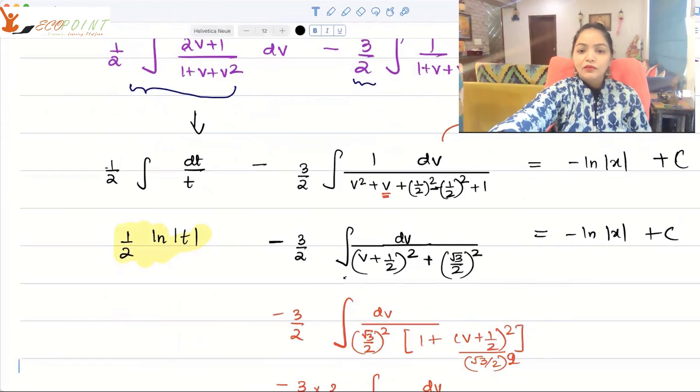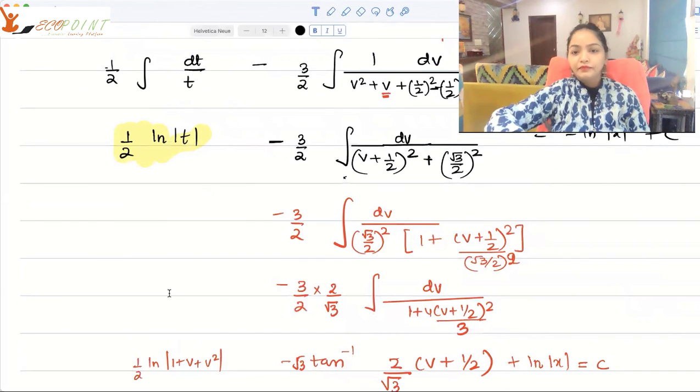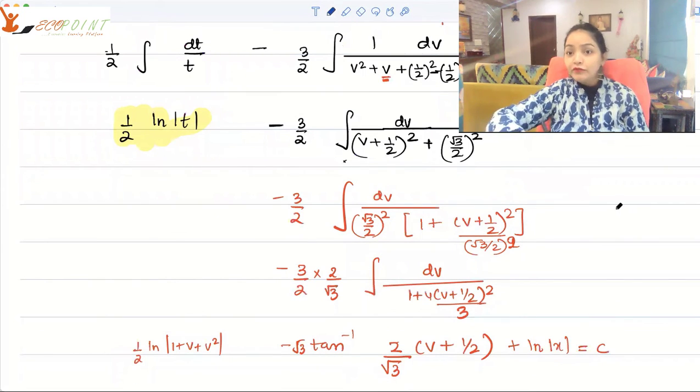So here you can take this thing common and make another substitution to make it look like 1 plus something square. See, the derivative of tan inverse x is 1 upon 1 plus x square, right? So that is why the integral of 1 upon 1 plus x square is tan inverse x.